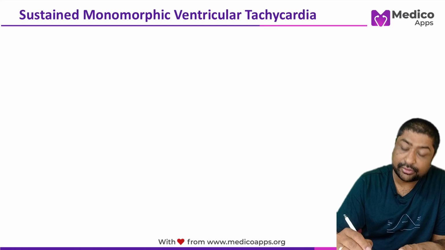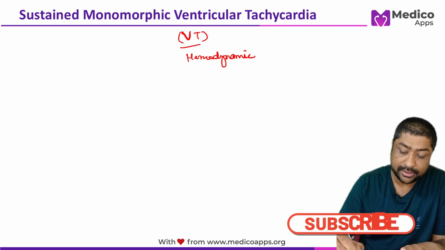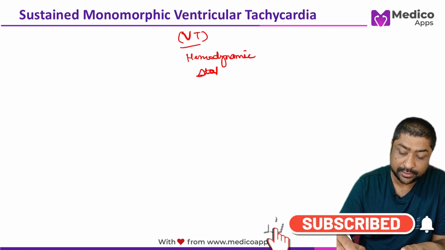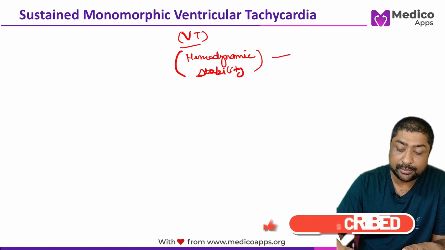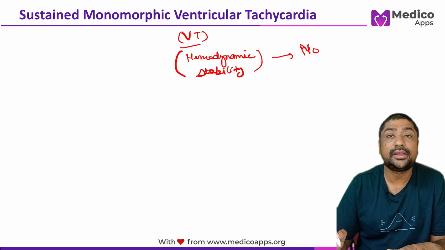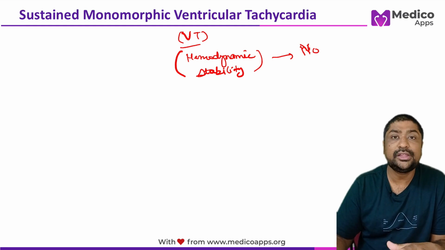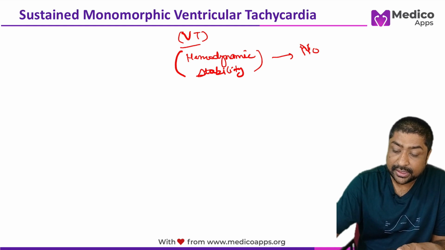So the first thing, whenever a patient of ventricular tachycardia comes to you, the first question you have to ask is about hemodynamic stability. Let's say the patient is hemodynamically unstable. In the question they may talk about hypotension.